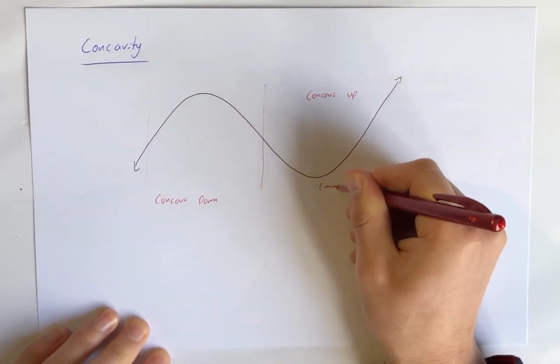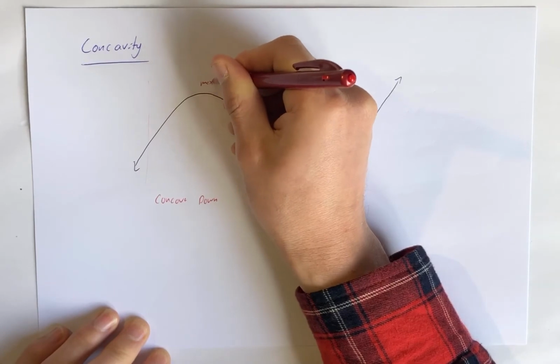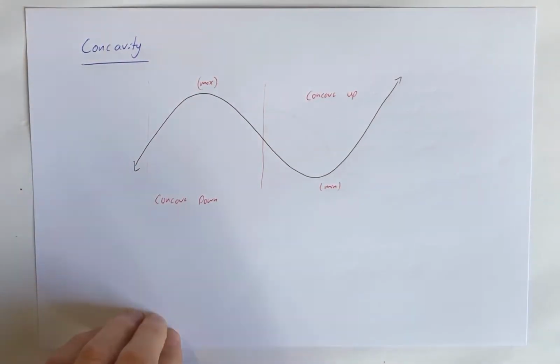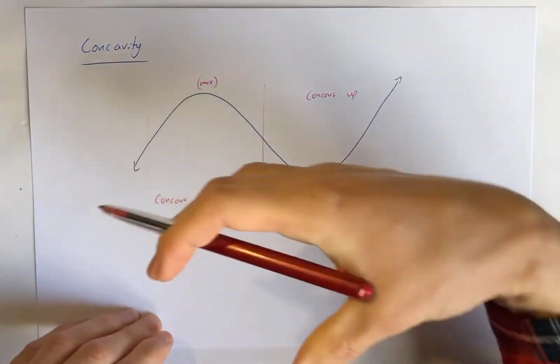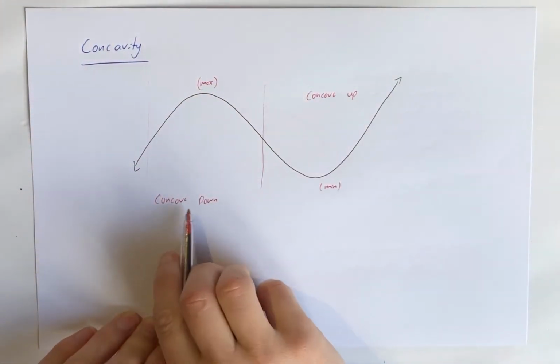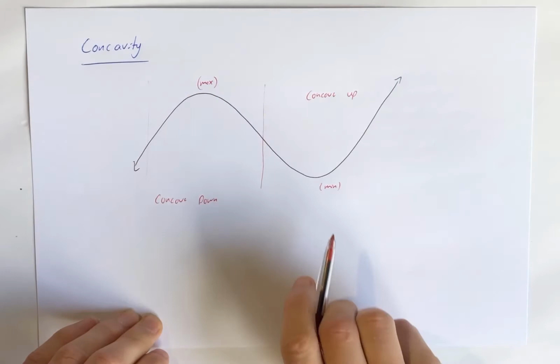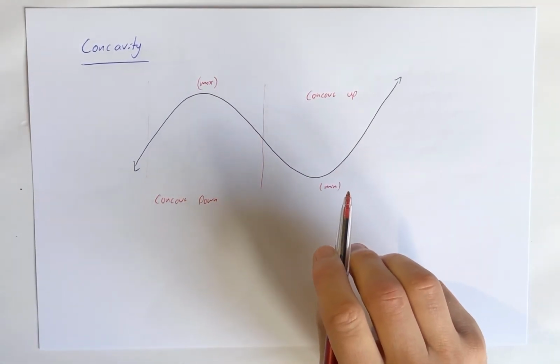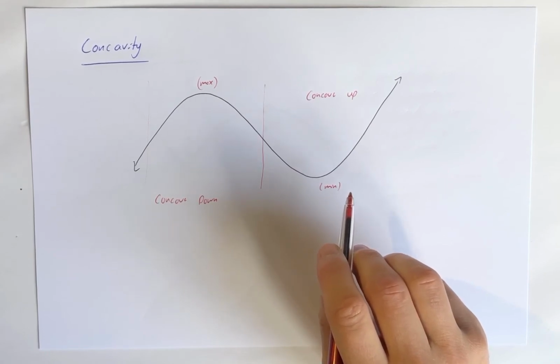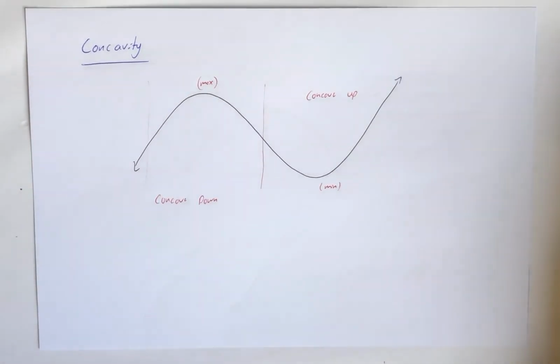And remember, that's a minimum and a maximum. So when there's a maximum, we say that this is concave down. When it's a sad face, we say concave down, and when it's a happy face, we say that it's concave up.